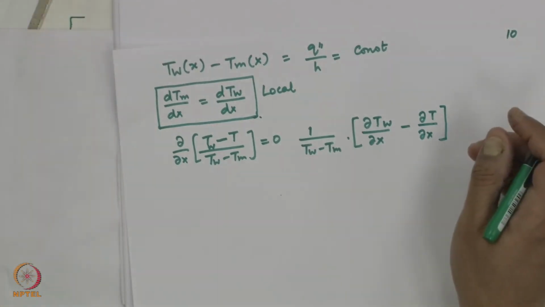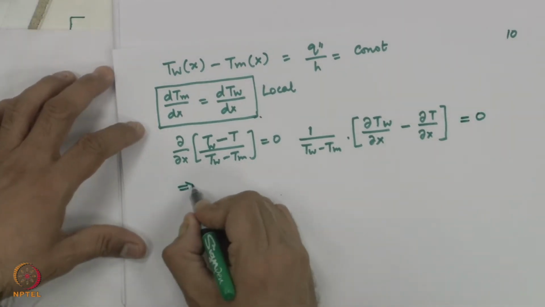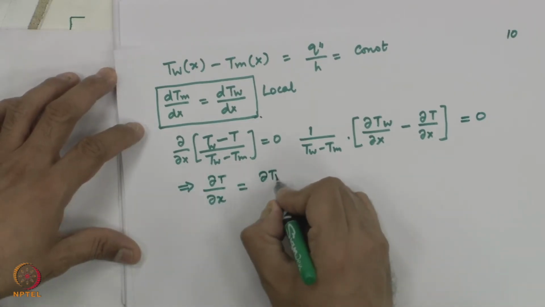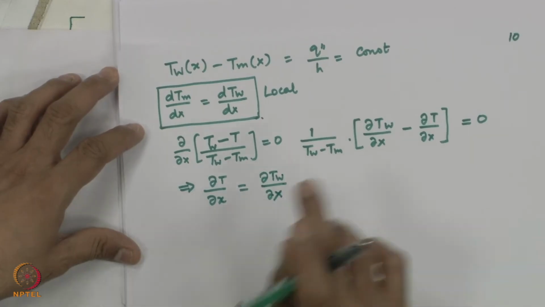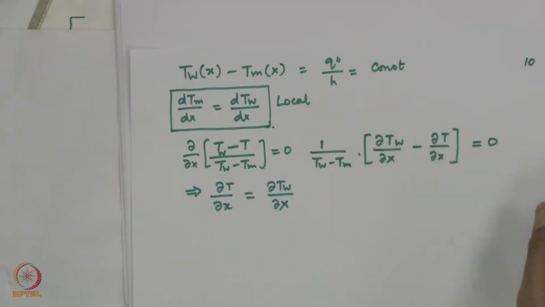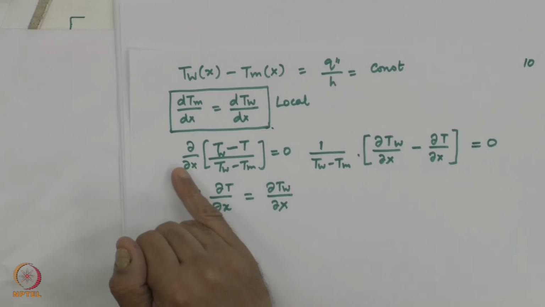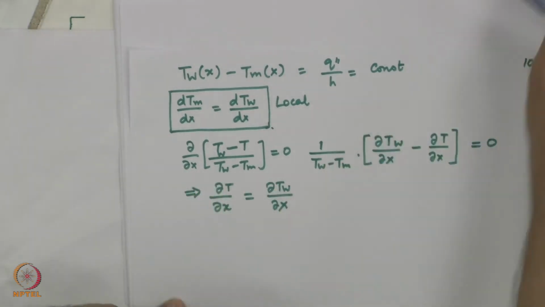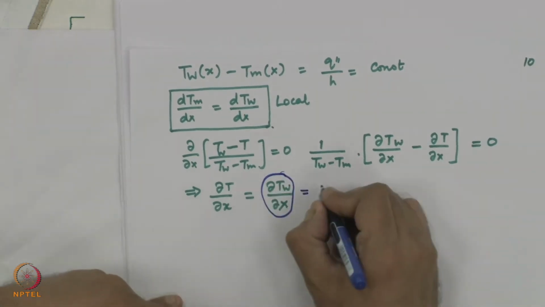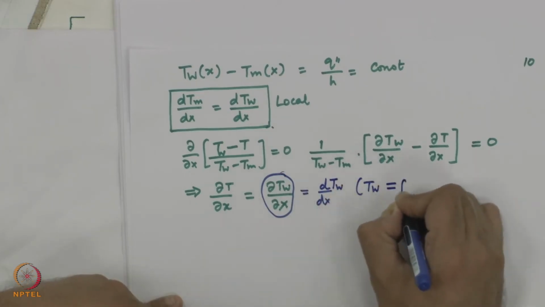So, this can be written this way, this is equal to 0, which implies dT by dx is equal to dTw by dx. Is that right? In the previous module, when we said thermally fully developed, we took the derivative with respect to r and said it was not a function of x. Now, we are taking the derivative of this theta with respect to x, and this partial derivative will be replaced by a regular derivative because T wall is only a function of x alone.